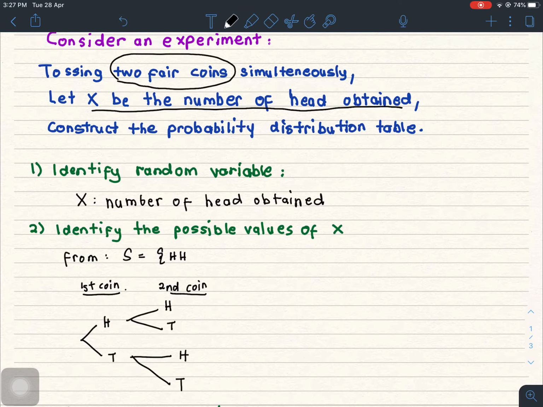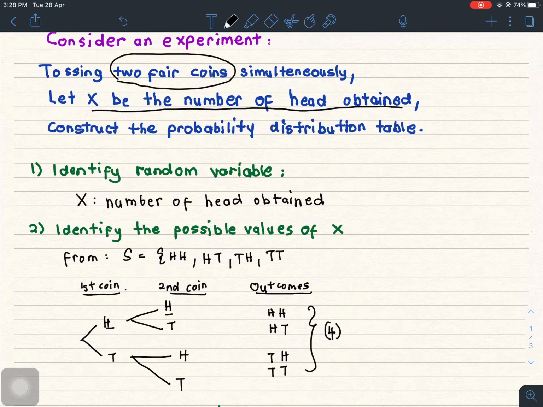So these two fair coins, the outcome, you can get whether the first is head, the second is head. Alright, and then you can get a head and tail, or tail and head, or tail and tail. So there are total 4 outcomes over here. So you can write it back, which is head tail, and then tail head, and tail tail.